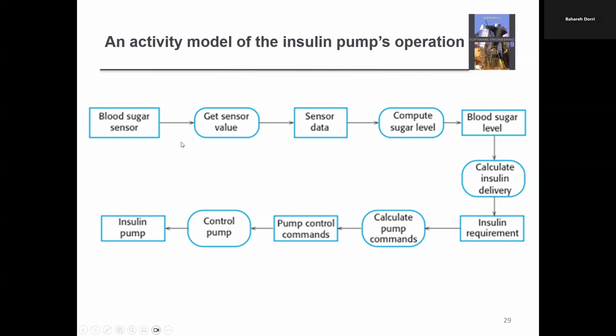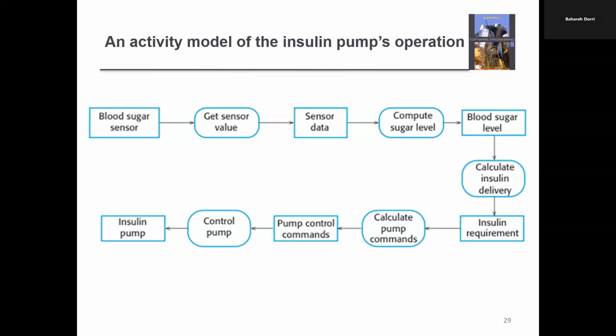First, the sensor detects the current blood glucose level, and the system reads that value and converts it into usable sensor data. Then it computes the sugar level, and we store that as a blood sugar level.